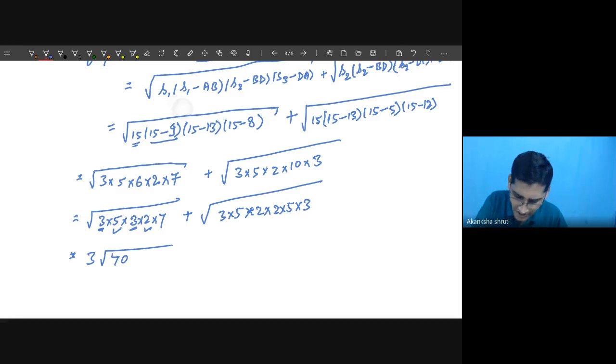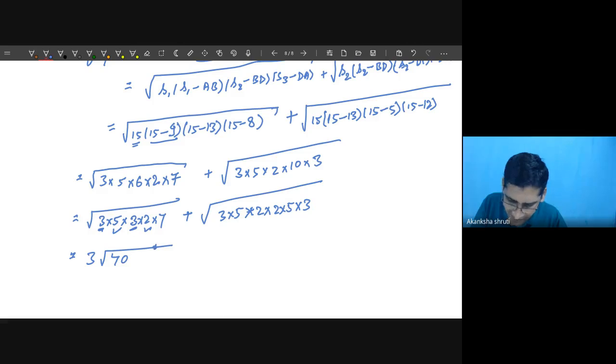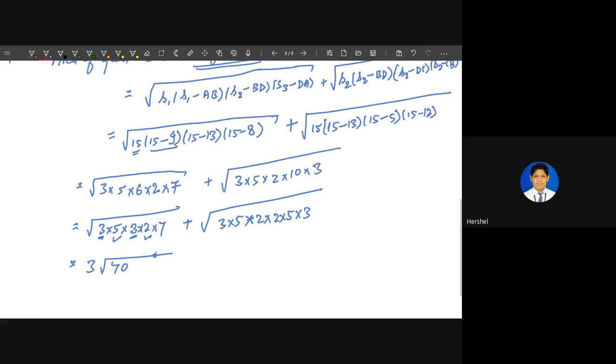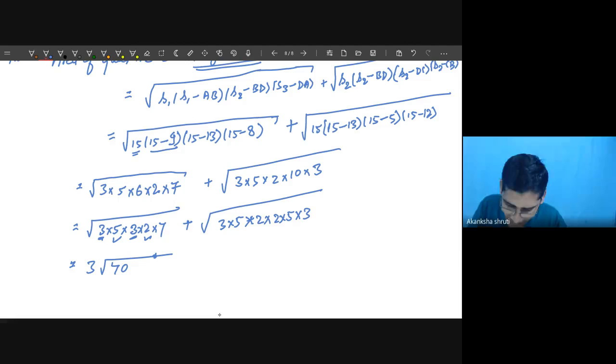So quickly you just write this. 2 is there, no? First bracket. Yes. First bracket, there is 3 into 5 into 3 into 2 into 2, no? Yeah, exactly. One more 2 is missing. Good. So student, one more 2 is there. 2 into 7 is there. Yes.